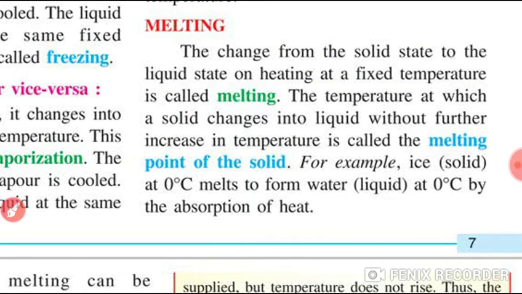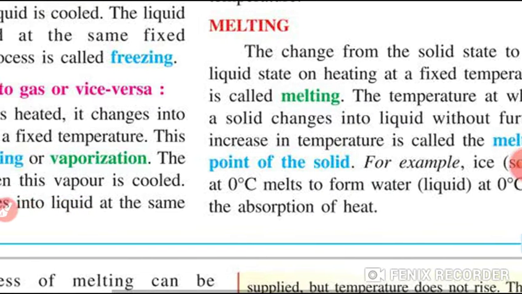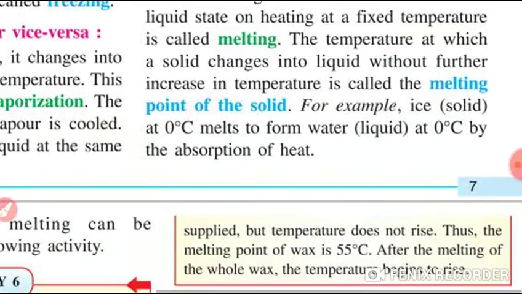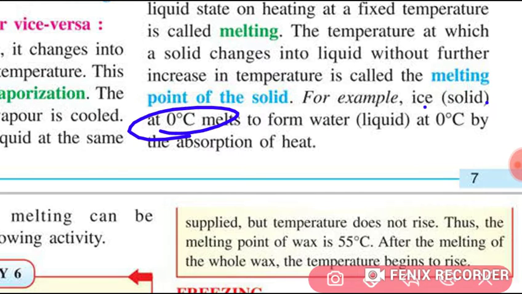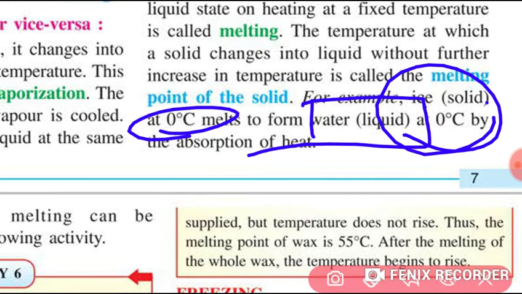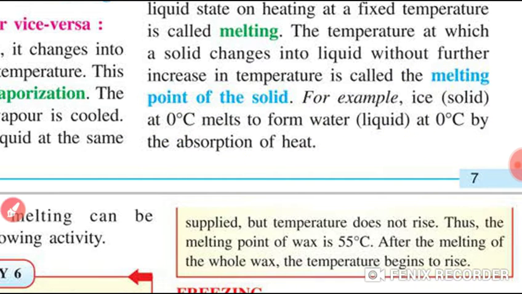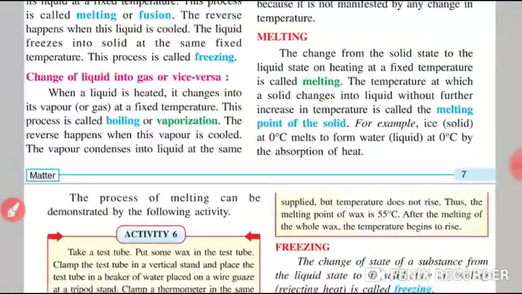The temperature at which a solid changes into liquid without further increase in temperature is called the melting point of the solid. For example, ice, or solid, at 0 degrees Celsius melts to form water, means liquid, at 0 degree temperature by the absorption of heat.